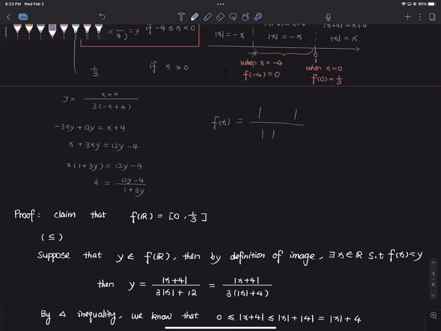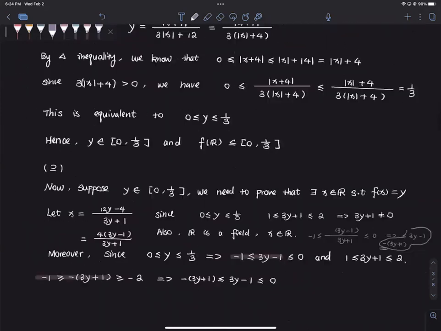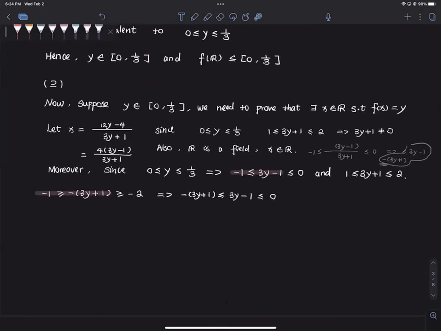So that's why I'm trying to show x is in between -4 and 0 to get rid of the absolute value. Okay? Does that make sense? Can I scroll down? Sure. So this whole part is trying to show my x is in between -4 and 0.